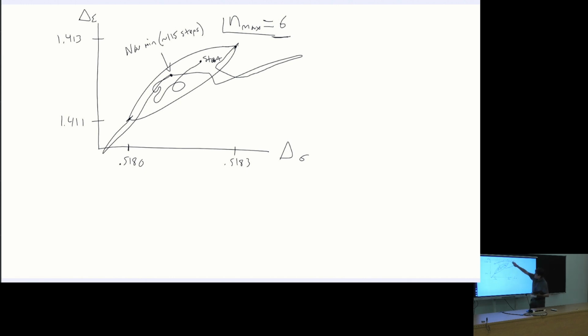Now, when we go to higher derivative order, it's much harder to map out the full island, but we can still carry out these minimum and maximum delta sigma searches. Okay, so let me show you the best result that we have so far.